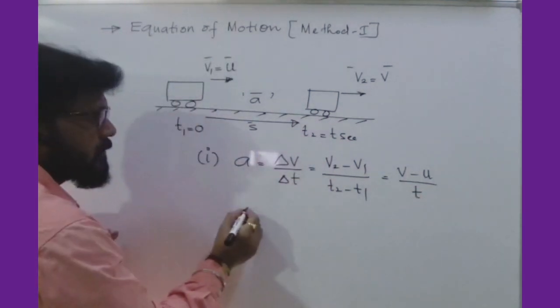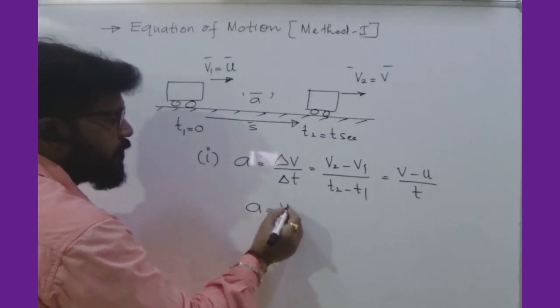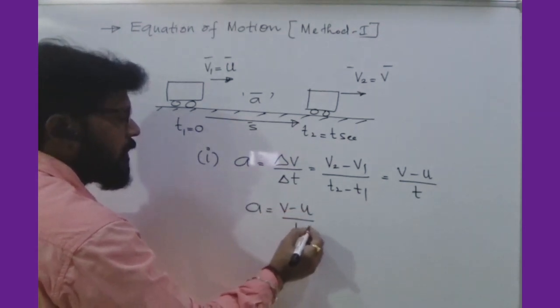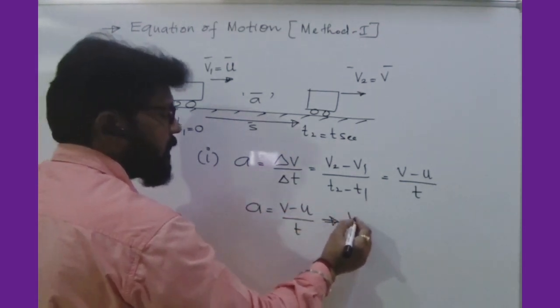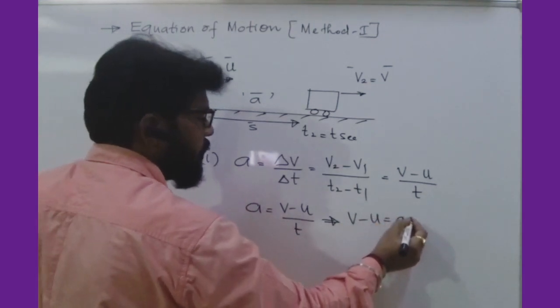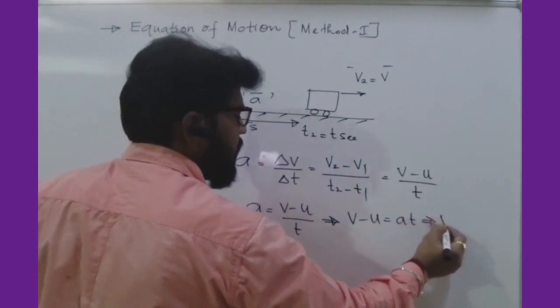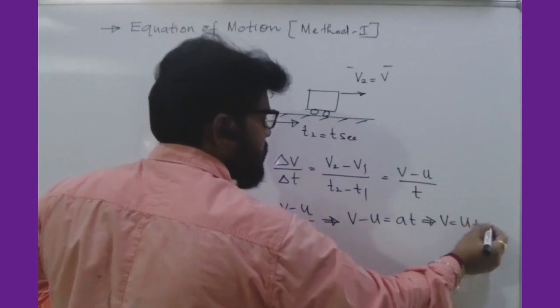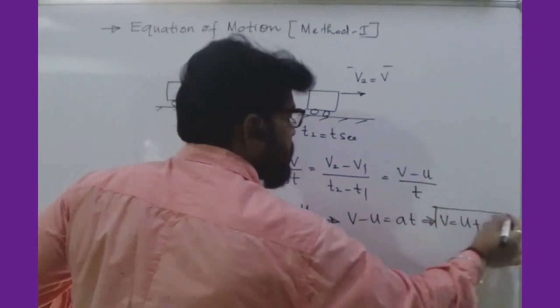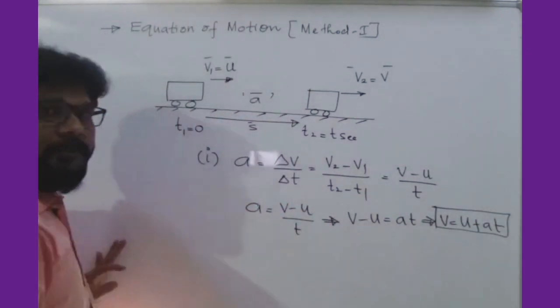So we get acceleration a is equal to v minus u by t, or simply v minus u is equal to at, or v is equal to u plus at. This is the first kinematic equation.